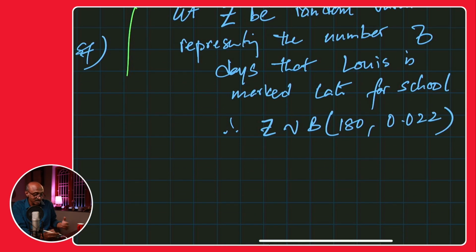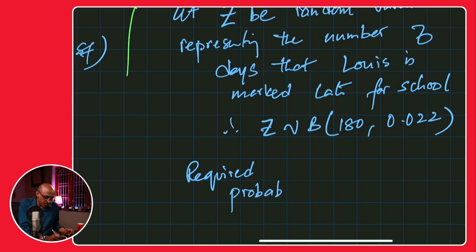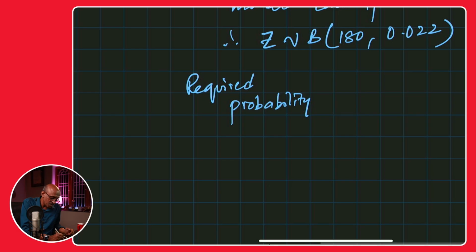And now what have we been asked? We're asked for the required probability, which means the probability of Louis receiving detention.